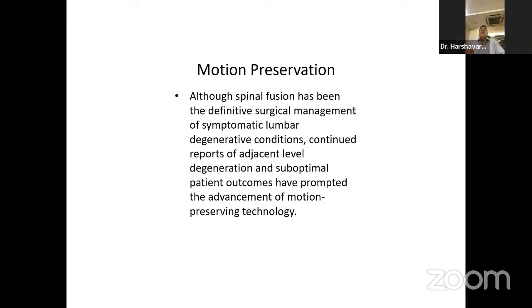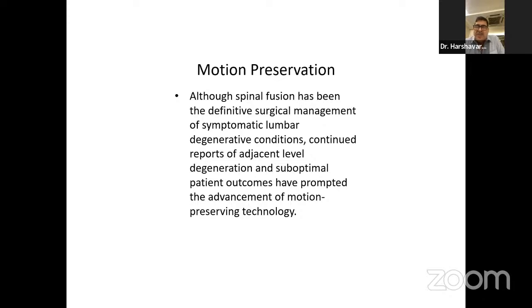So what is the treatment for most of the degenerative back problems, back pain, which is very, very common? Most of the treatment revolves around fusion. Fusion means we fuse one vertebra to the next, whichever is the problematic level. So if there is an L5, S1 problem, then we fuse L5 onto S1 with the help of screws and cages.